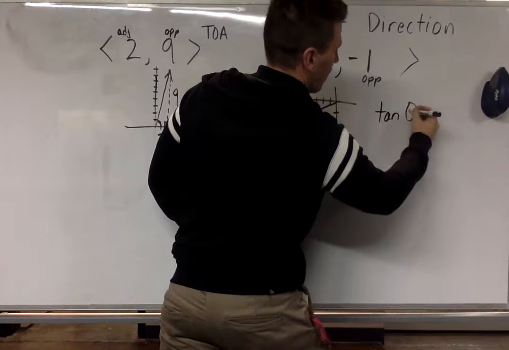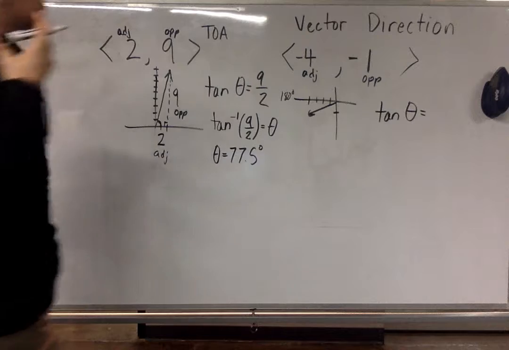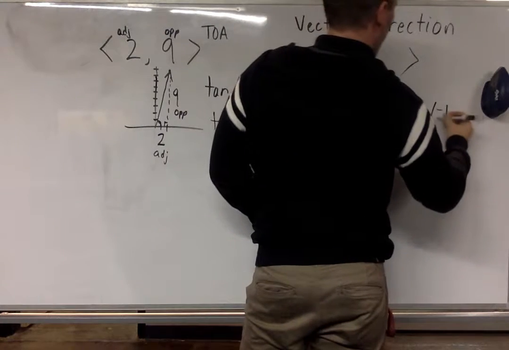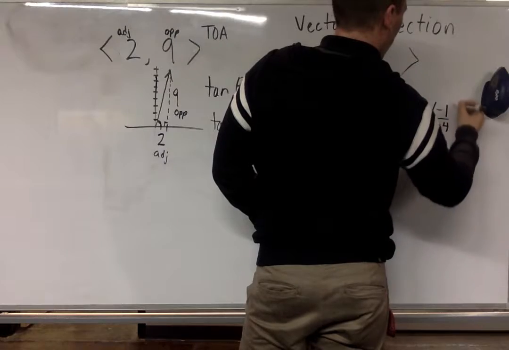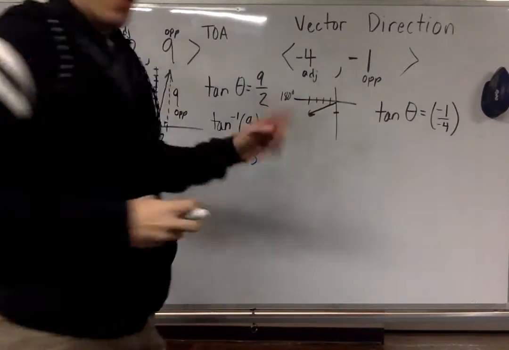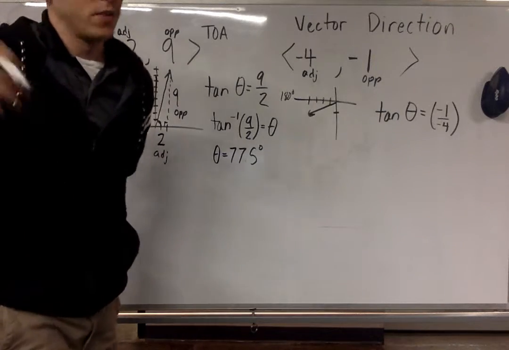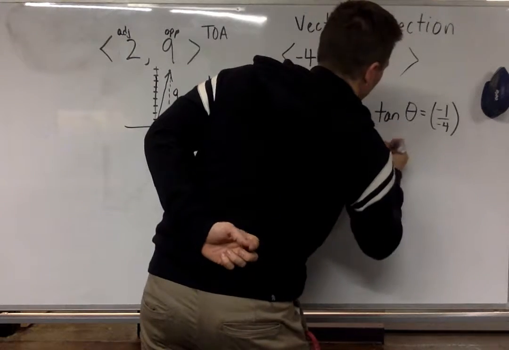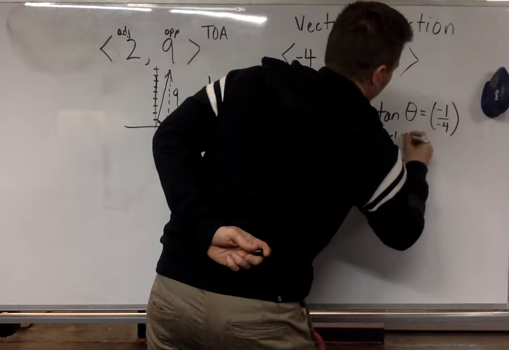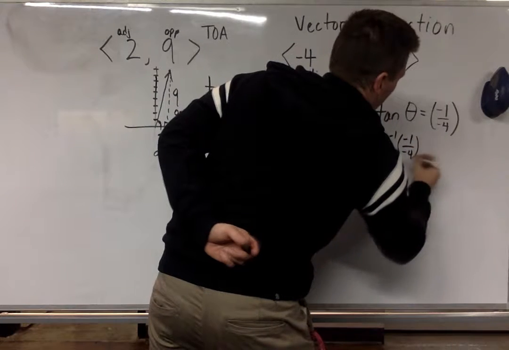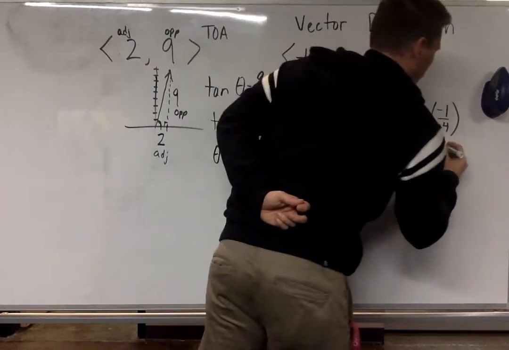Tangent of this angle, theta, is going to be equal to opposite over adjacent, so that's -1 over -4. Think again, we've done this before, but to find the angle, you'll use arctangent. Arctangent of -1 over -4 should give us our angle theta.